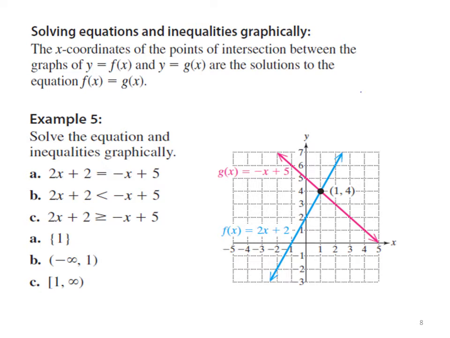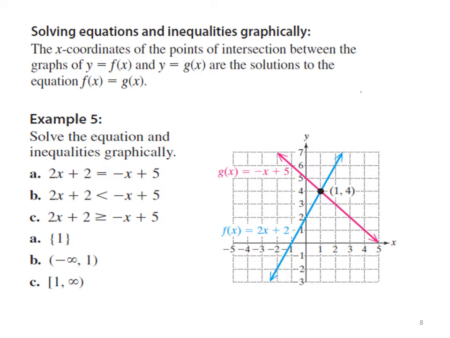And it should be very clear that all the points on the line and also all the points above the red line satisfy this condition, that 2x plus 2, which is g of x, is greater than or equal to minus x plus 5, which is f of x.